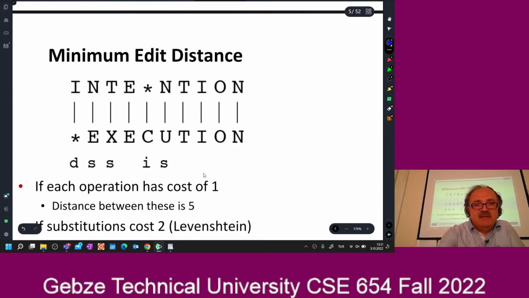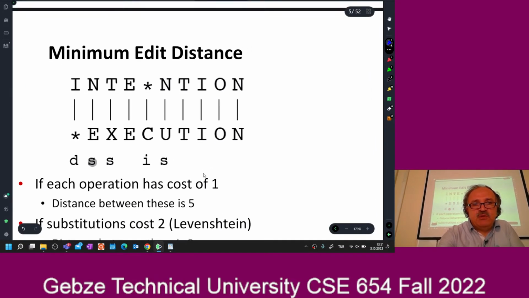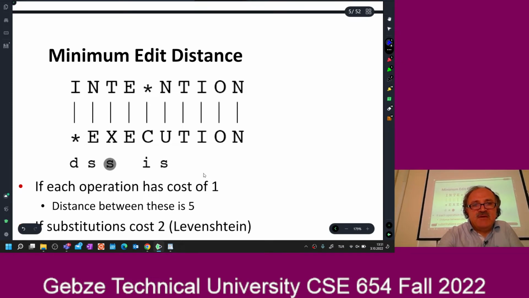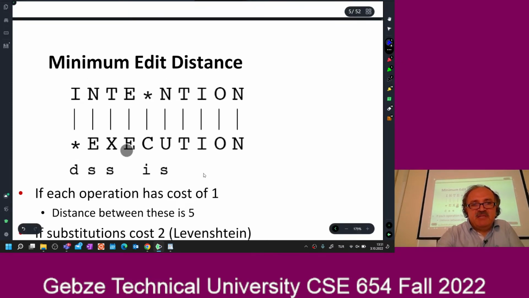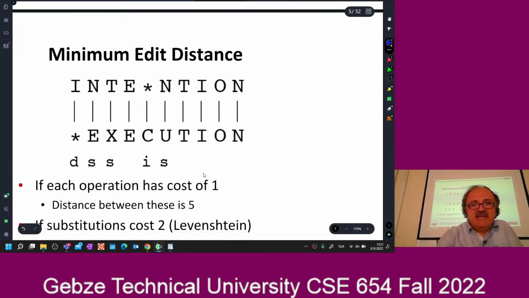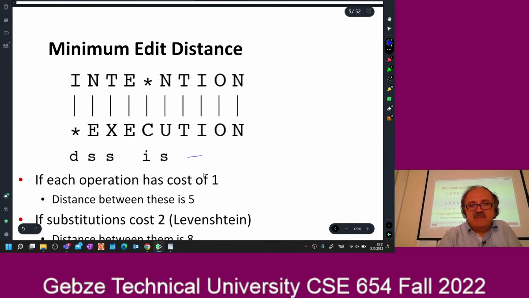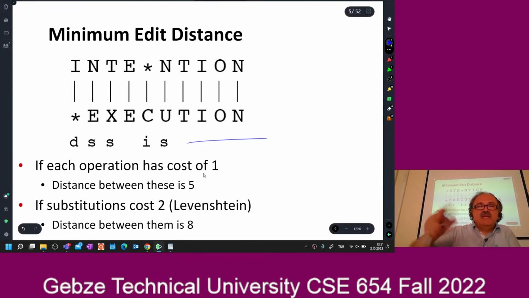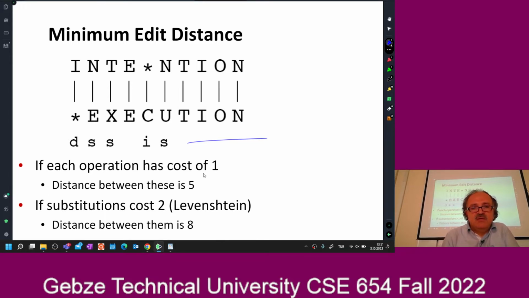Okay, delete this one, substitute, okay, and keep this one, insert a C, substitute, rest of them is the same. So the total cost between them is 5. If substitution costs 2, so delete and insert, then that cost is going to be 8.